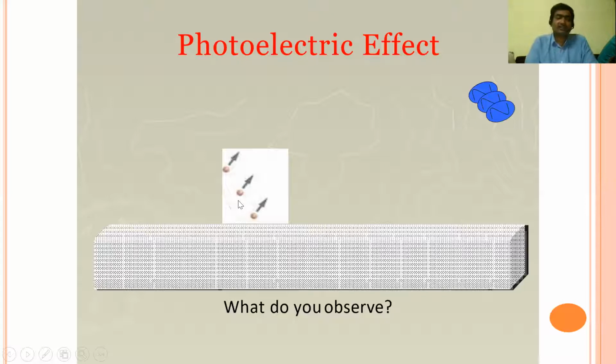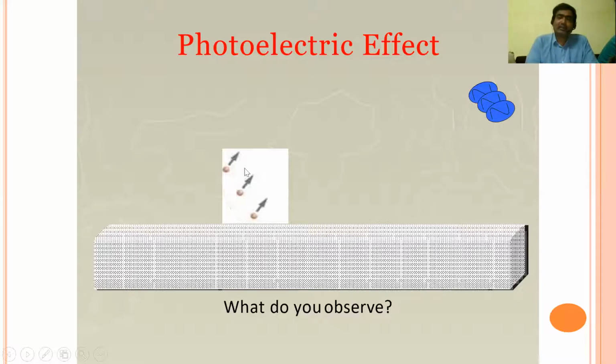So half m mass into velocity square is called what? Kinetic energy. So the ejected electron has some amount of kinetic energy. This kinetic energy depends upon the frequency of the incident radiation, but not on intensity.